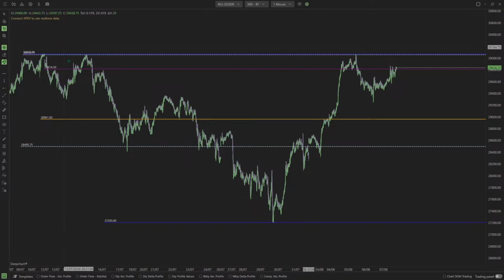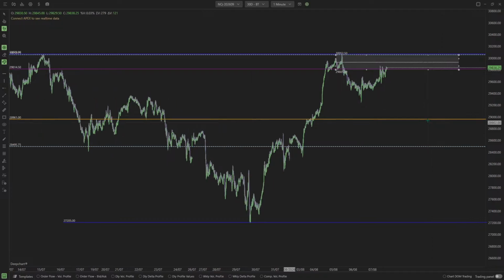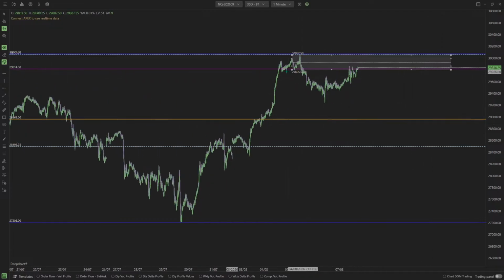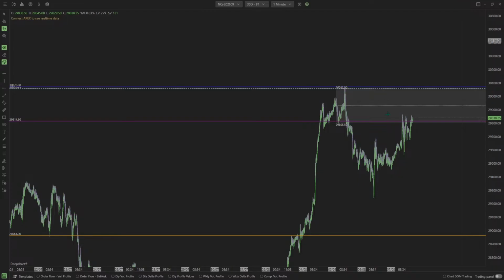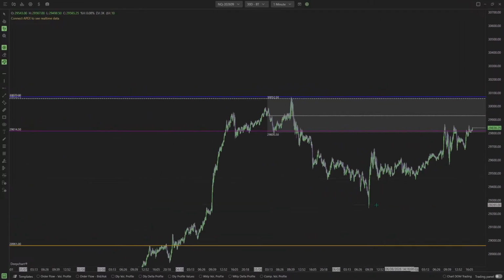So we made a high, we came back and made a low. This is all-time high over here. And then we came back, retested the all-time high, broke through it. Now we're retracing back into this small little zone right here, where we had a strong push down from sellers.